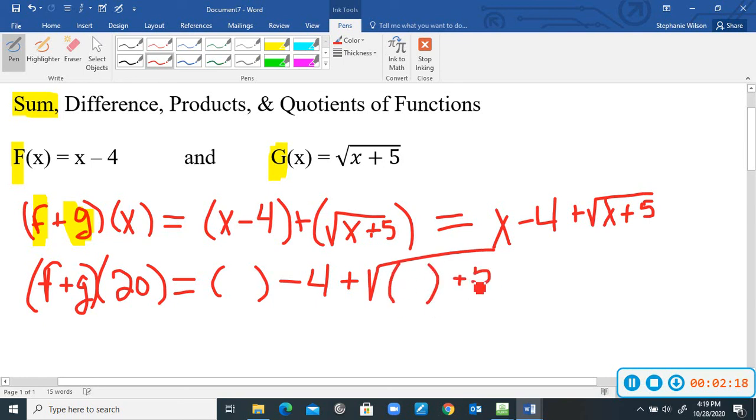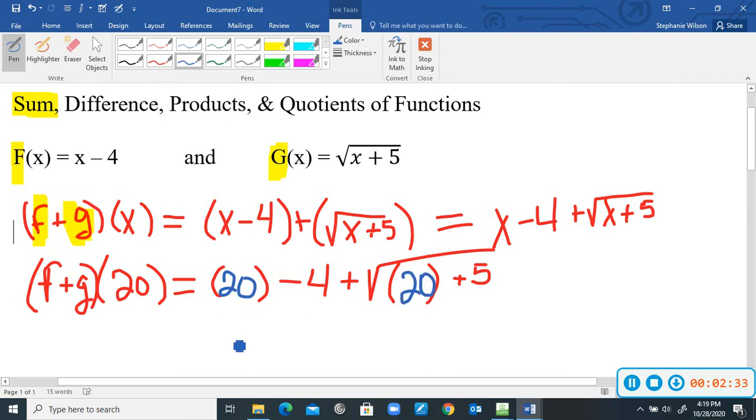Now we have to be careful because this is an even root, and if that was a negative 20, this would not be a rational answer. I mean, we wouldn't get an answer. So we're going to plug in 20 and 20.